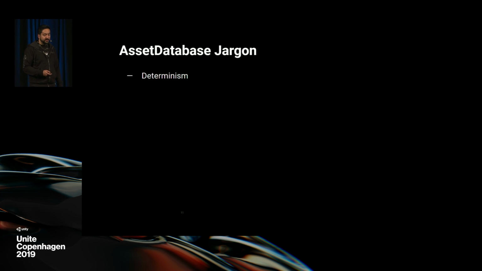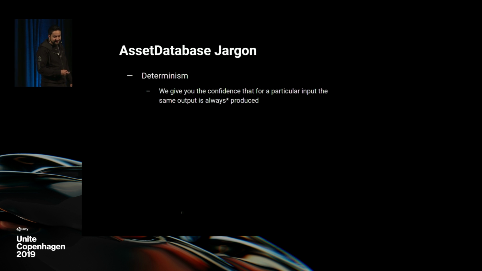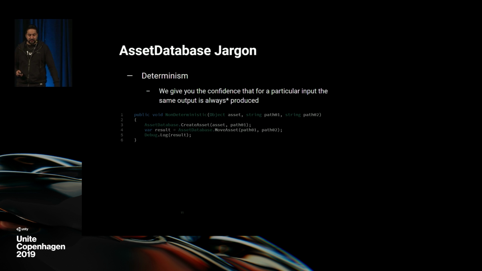Then comes determinism, and our first code example of the day. We want to make sure that whenever you have the same input, we always give you the same output. That's determinism in a nutshell. For example, I have a function here, and I've called it non-deterministic because, sure, you can call it one time, and it will produce something.